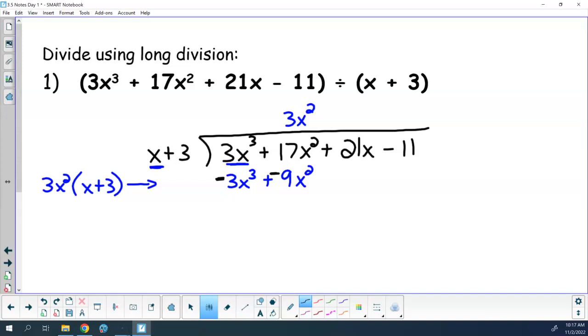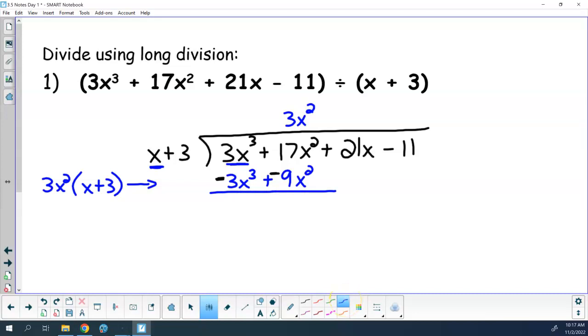You've got to change them all, not just the first one. Both or all of them, because sometimes you might have 3 terms there that need to be changed, not just the first one. Okay?